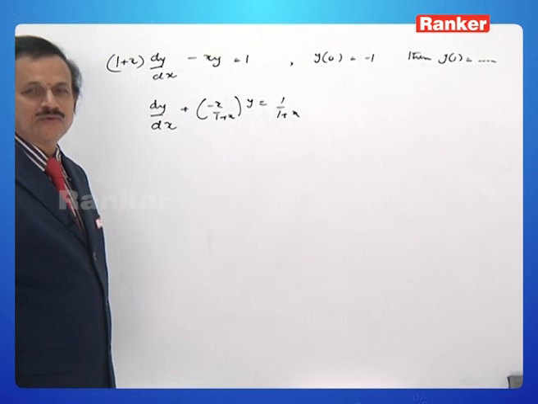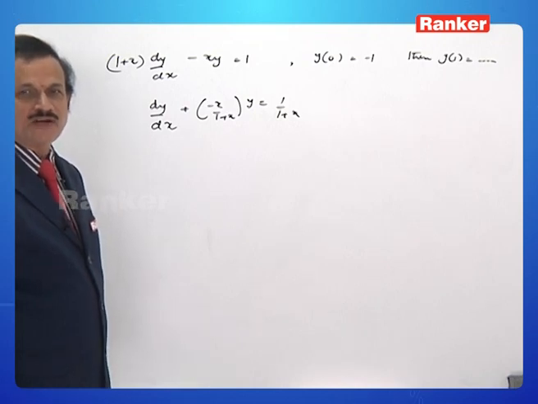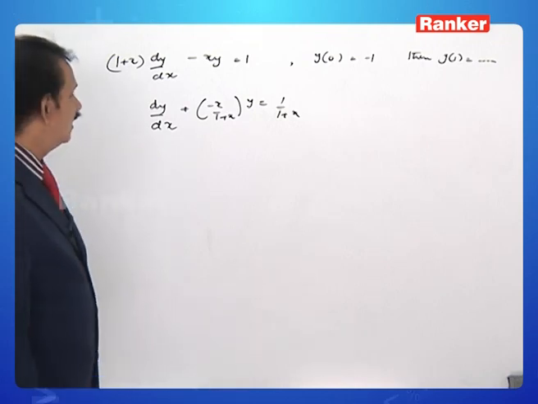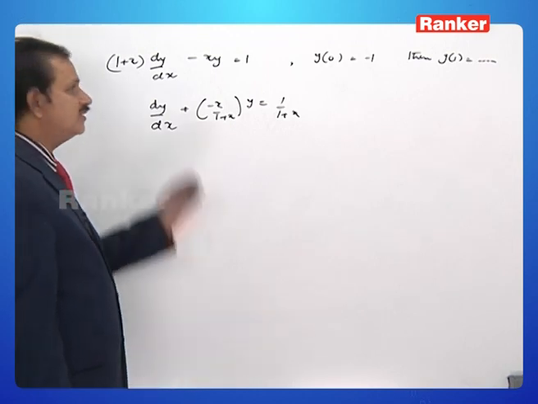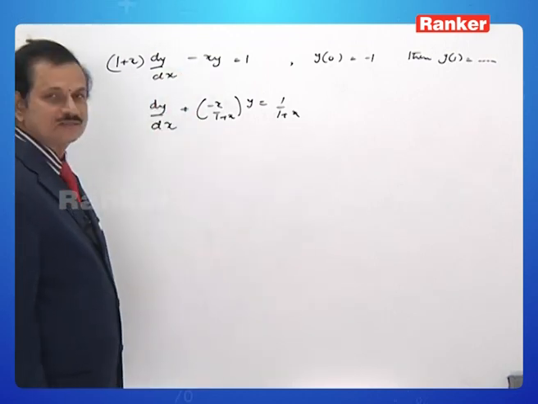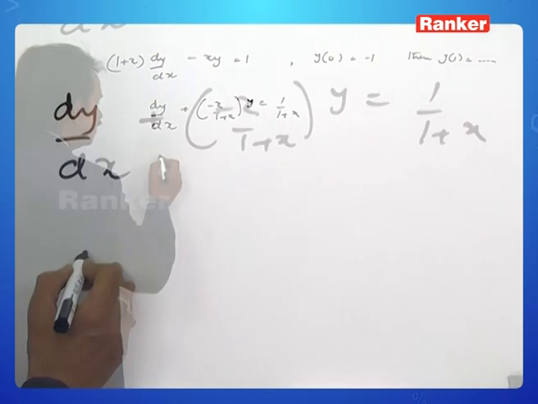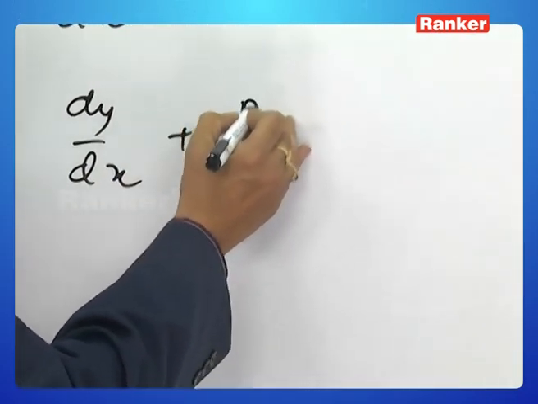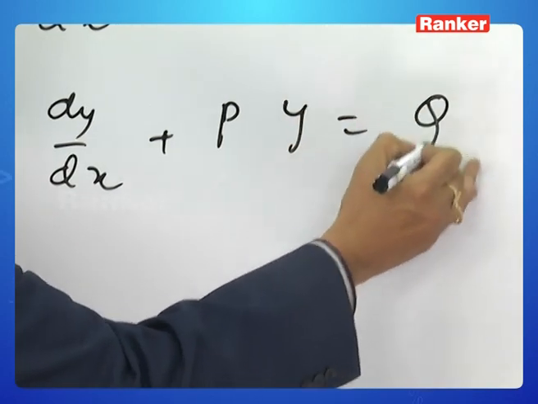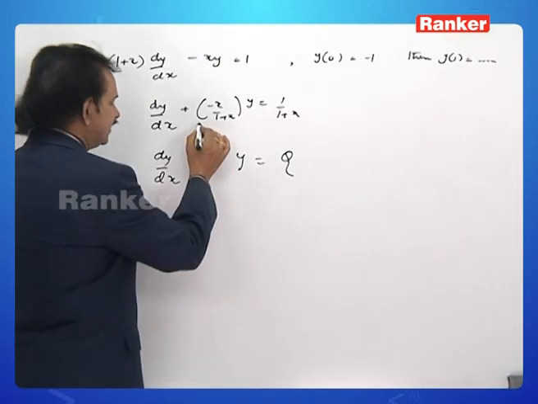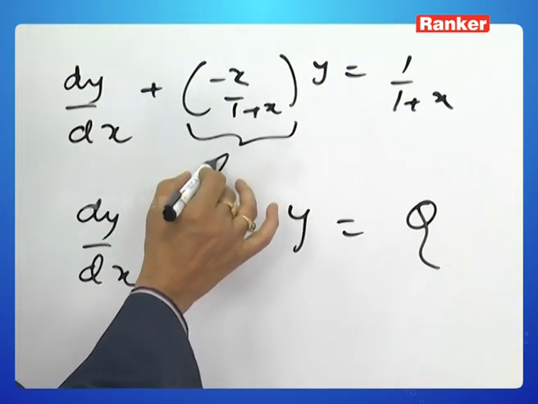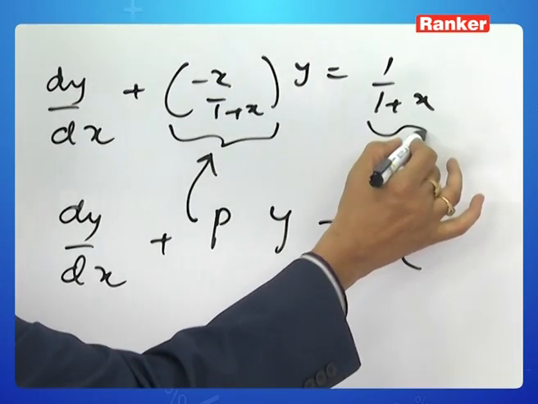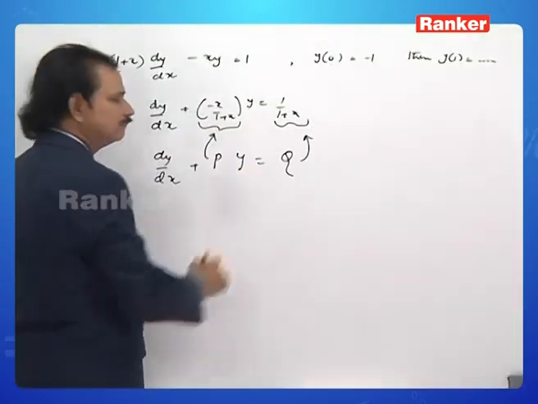I think you could have understood what has been done by me. I have divided the entire equation by 1 plus x, so that this looks like dy/dx plus Py is equal to Q, where this part is P and this part is Q.